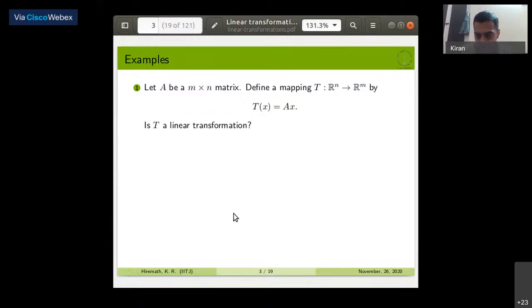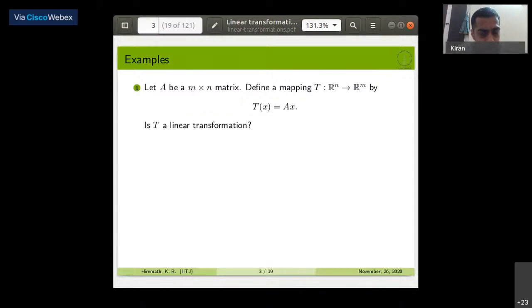Who can tell me? We have to check T(x1 + alpha x2) equals T(x1) + alpha T(x2), where x1, x2 belong to R^n. So basically, we are using the basic definition here, right? Yes, sir.